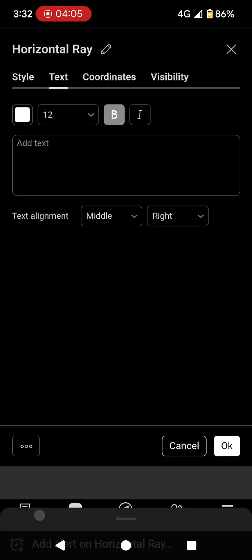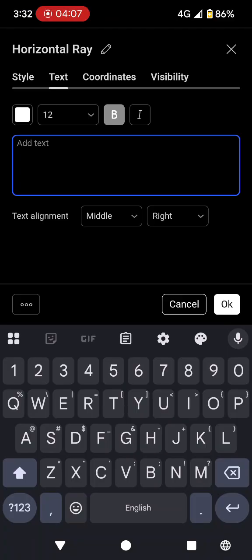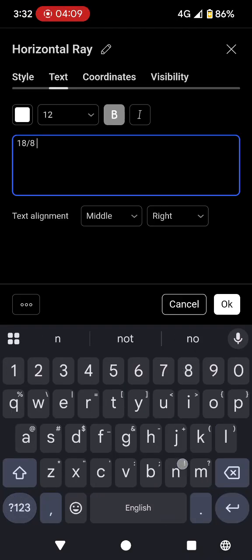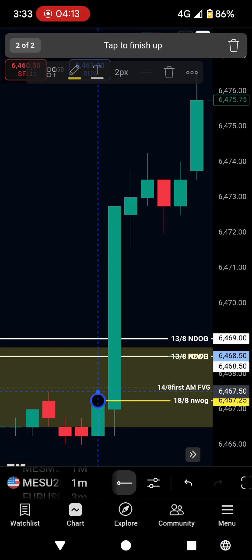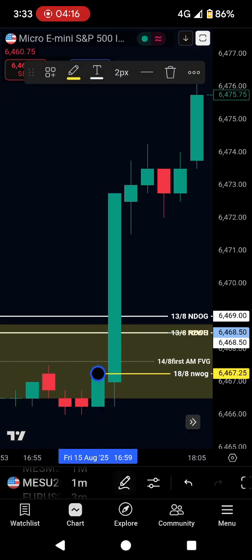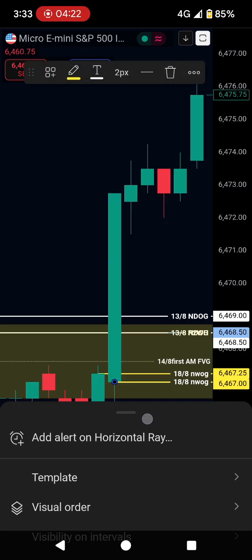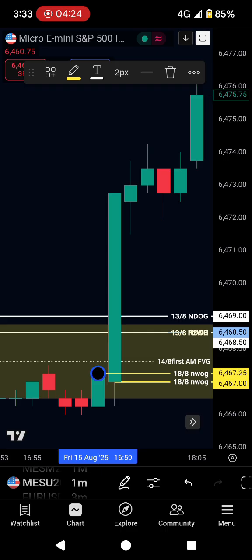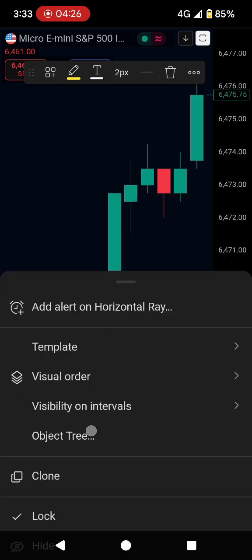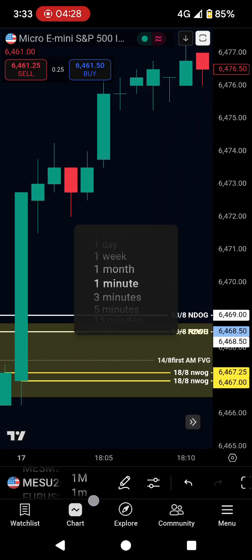That's my new week opening gap color. So put 18/8 new day. Okay, then we clone it. Then opening price is here. Then we lock it. Okay. Then we go back to the daily chart.